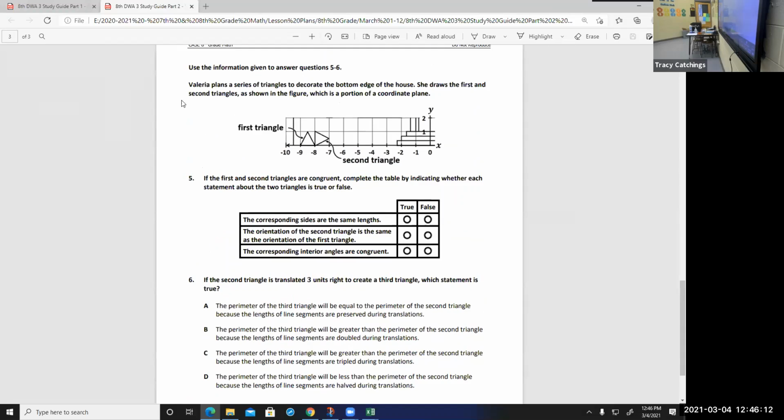All right, and now it reads, Valerie plans a series of triangles to decorate the bottom edge of her house. She draws the first and second triangles as shown in the figure, which is a portion of the coordinate plane. Number 5 says, if the first and second triangles are congruent, complete the table by indicating whether each statement is true. Now, what do we know about congruent shapes?